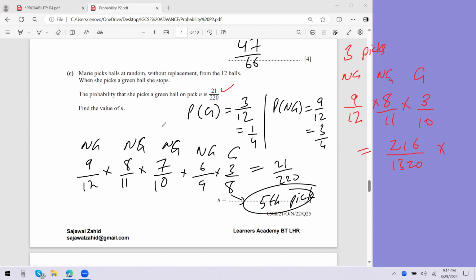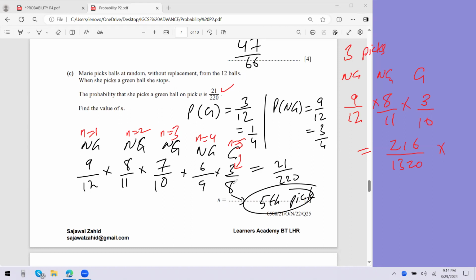So then we tried 4 picks, and ultimately we tried 5 picks. n is equal to 1, n is equal to 2, n is equal to 3, n is equal to 4, n is equal to 5. When we tried 5 picks by trial and error, we got the right answer. First one not green, 9 over 12. Second one not green, 8 over 11, so one has been reduced, then 7 over 10, then 6 over 9. Then comes the green part, which is 3 over 8.